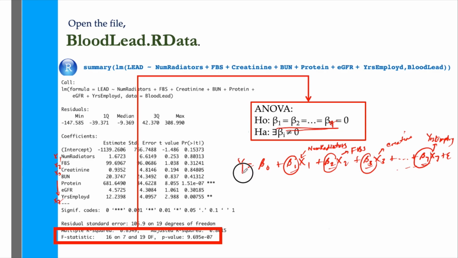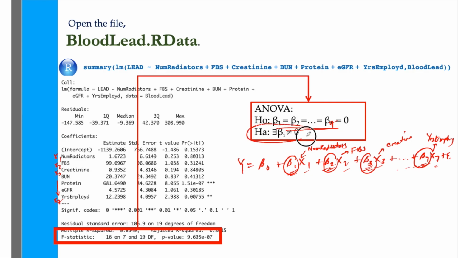Y will not change even if you change x1, x2, x3 up to x sub 7. So since these are 0 under the null hypothesis, then no matter how much you change x1 to x sub 7, y will be constant.